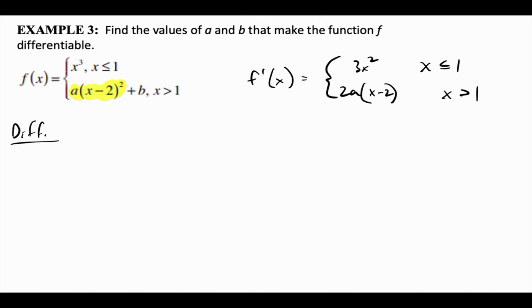I'm going to move the squared up to the front with a, 2a, and subtract a power. So that's how I got 2a(x minus 2). And then this plus b part, b is not a variable, it's a value. So the derivative of any constant is just 0. So the b goes away. And then you check like you normally would.